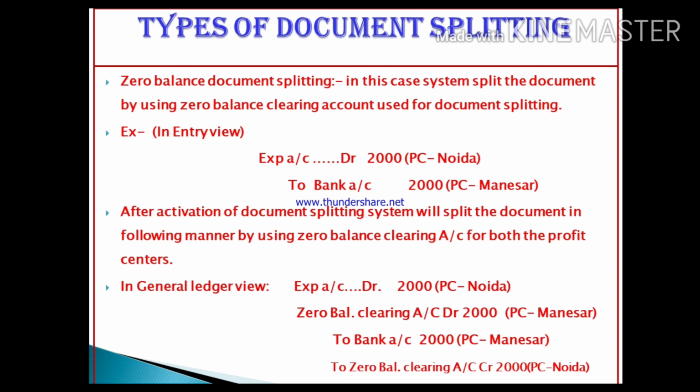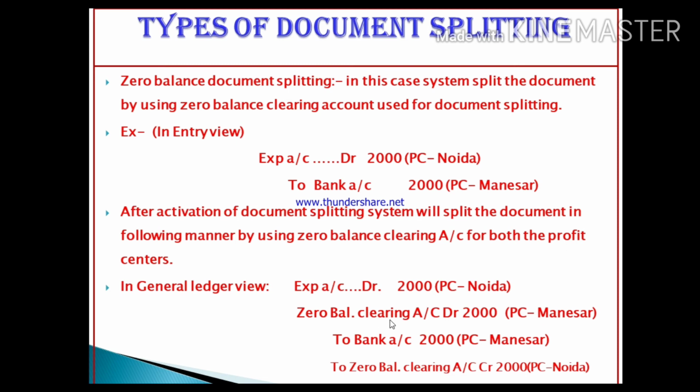How will the entry occur? In general ledger view, your expense account will be debited for 2000 rupees for Profit Center Noida. Same example I am following.